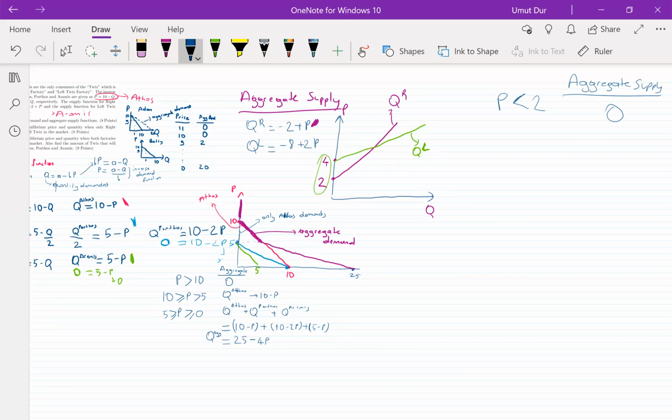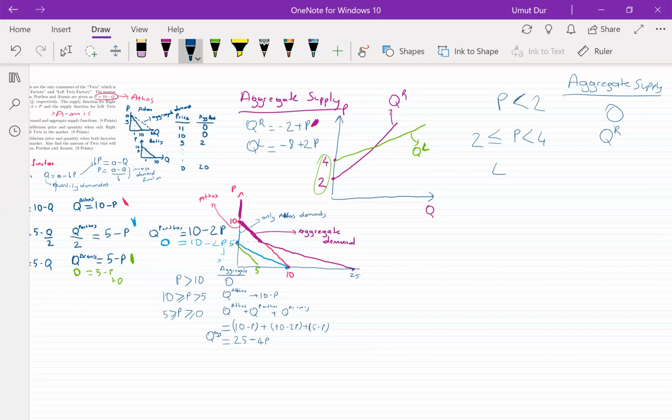So what about when the price is greater than 2 but less than 4? Which one will supply? Only the right firm will supply, so the aggregate supply will be QR.